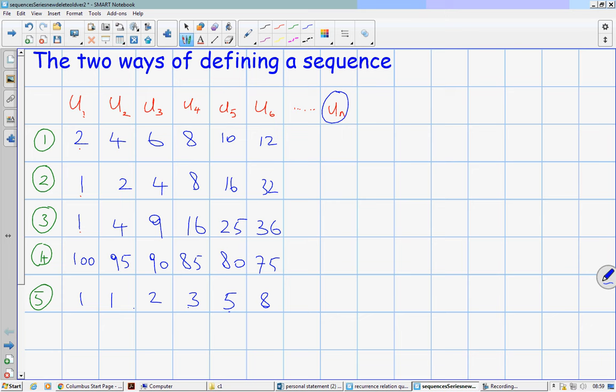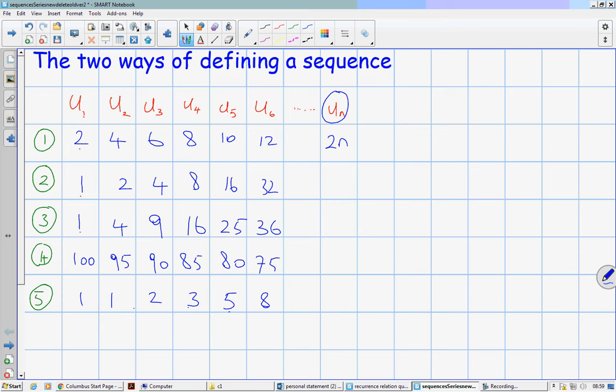Now, in this case, we would say it's fairly easy to see what the nth term is here, isn't it? We can say it's just double whatever the term number is. So what is the nth term? 2n, exactly. 2 times whatever the value of n is.